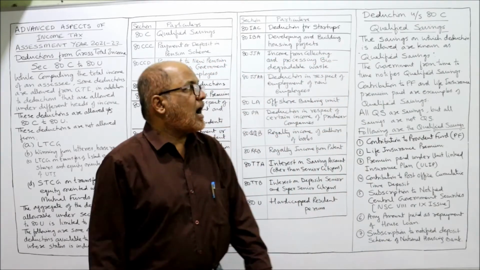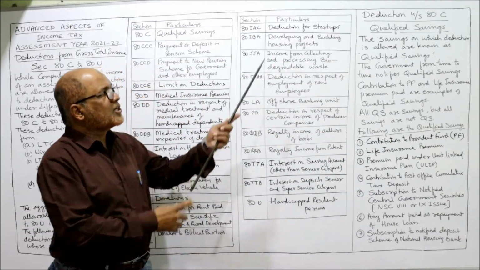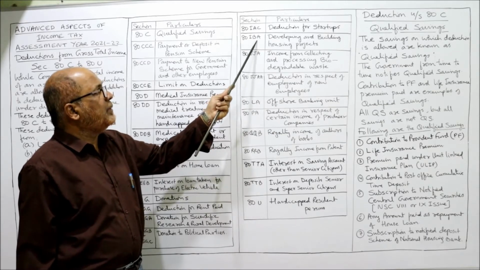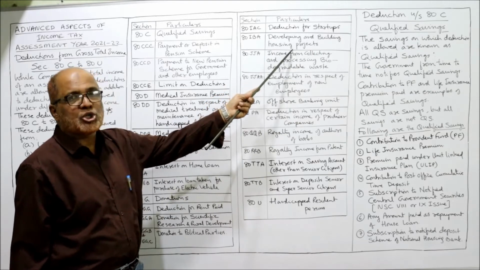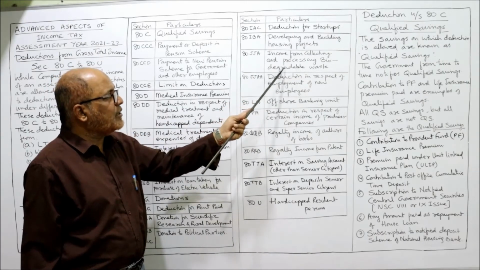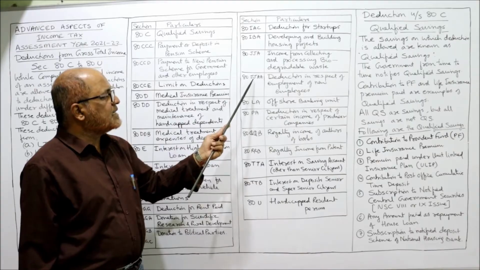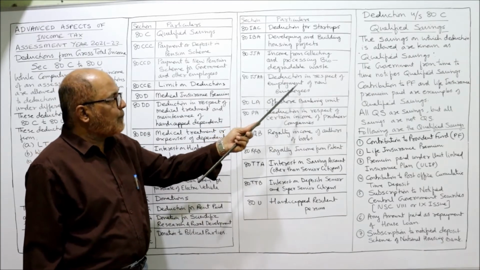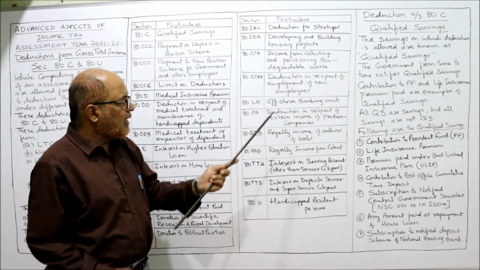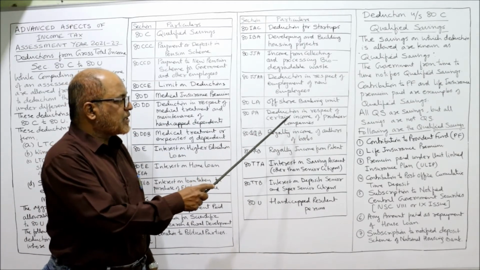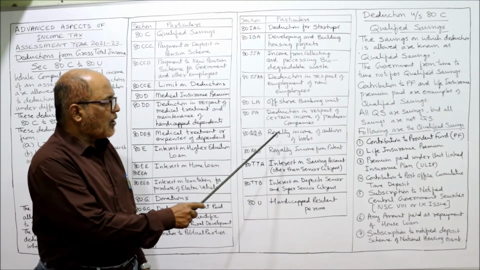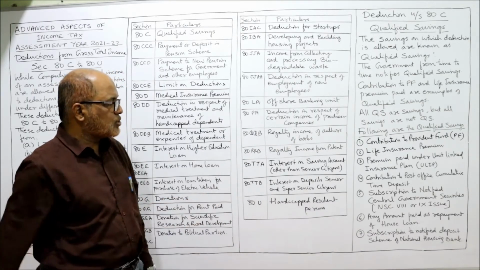Apart from that, 80IAC, deduction for startups. 80IBA, developing and building housing projects. Then 80JJA, income from collecting and processing biodegradable waste. 80JJAA, deduction in respect of employment of new employees. 80LA, offshore banking units. 80PA, deduction in respect of certain income of producer companies. 80QQB, royalty income of authors of books.